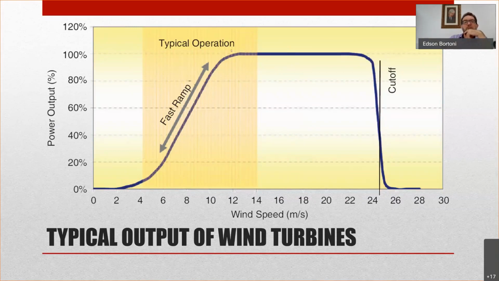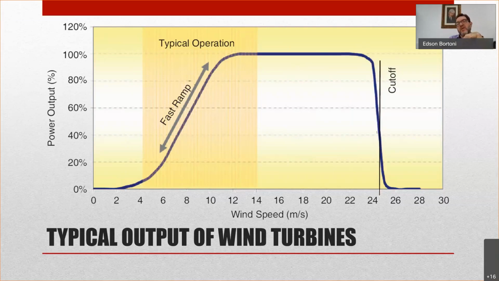So that is how the wind turbine works. There is a minimum wind speed, then the power increases with the wind speed, and then we stop increasing the generated power, even as the speed increases, by reducing the turbine efficiency.